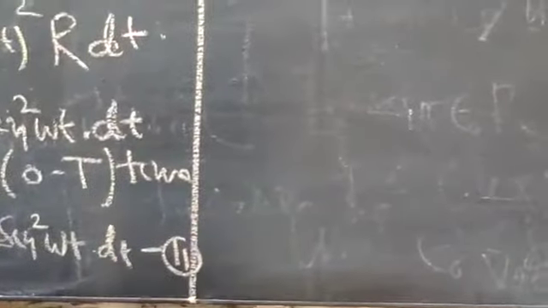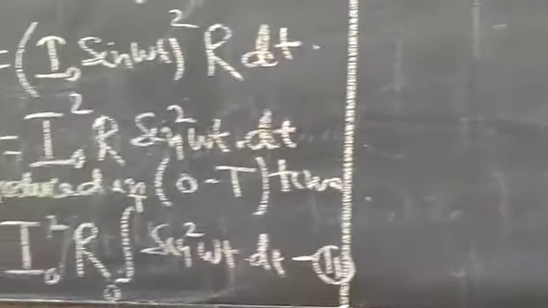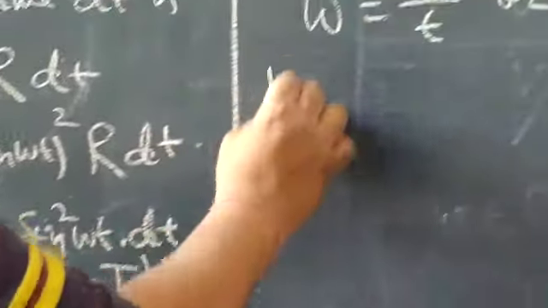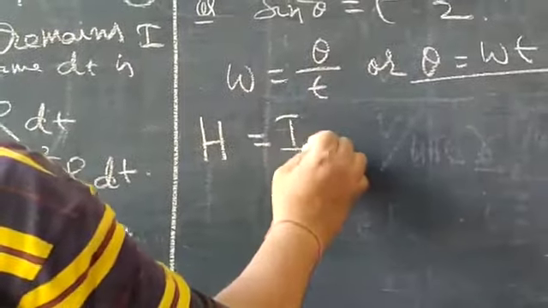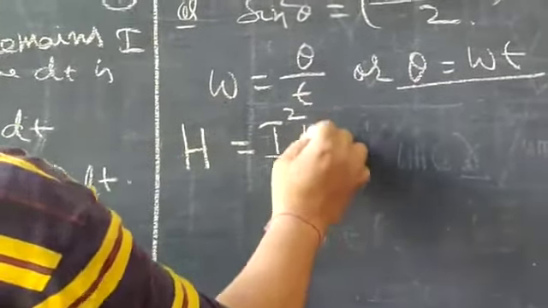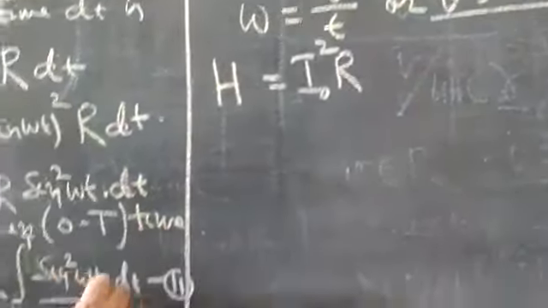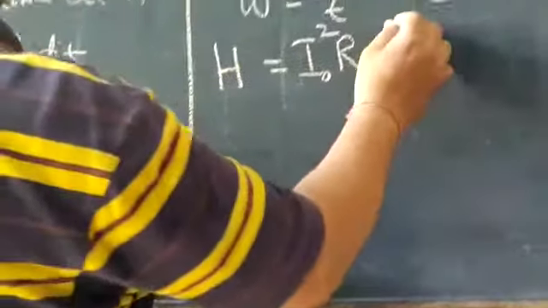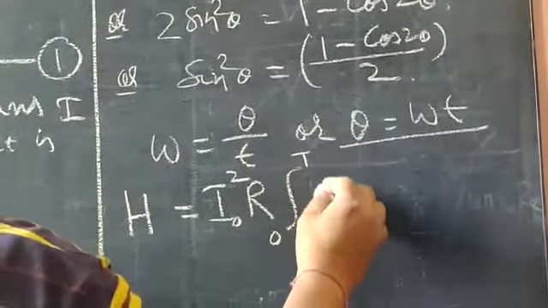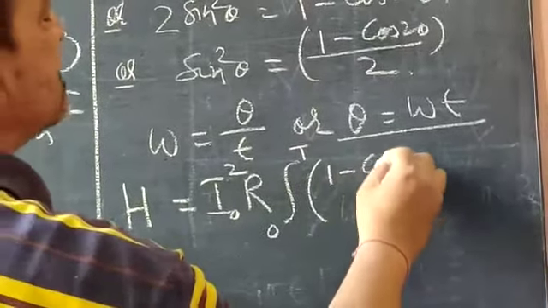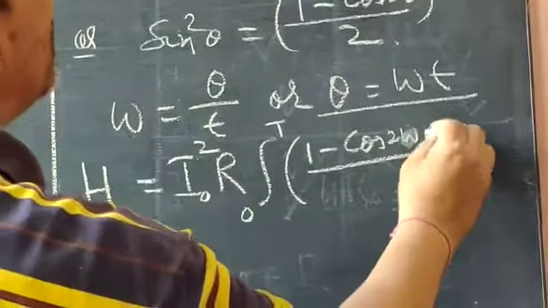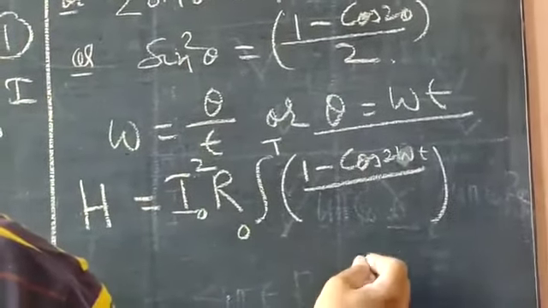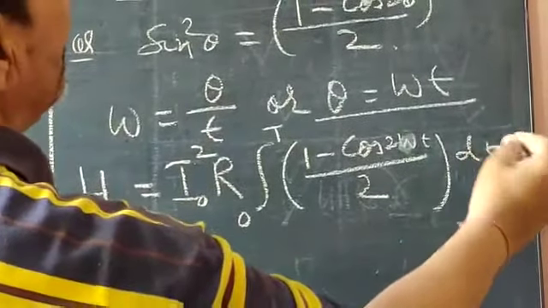So putting this in equation 2, the integration of dH, which is the heat produced in one complete time period, will be I0 square R integral from 0 to capital T of 1 minus cos 2 omega t upon 2 into dt.